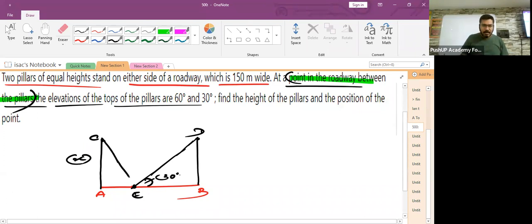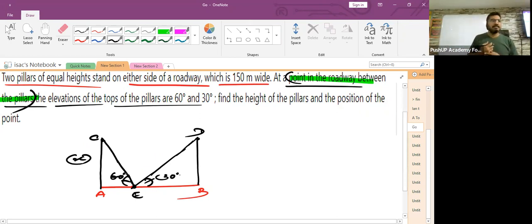Now, let me draw the line of sight from point E to point C. Can't you see that point E is closer to AC? So the closer the point E is to the pillar AC, the higher will be the angle of elevation. So this angle can be taken as what? 60 degree. Closer, greater the angle of elevation. Far, lesser the angle of elevation.